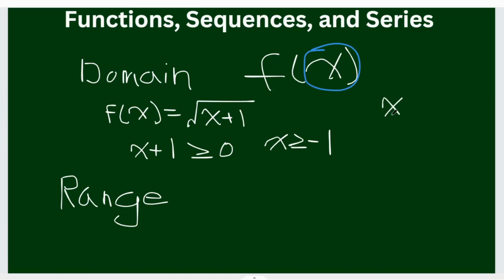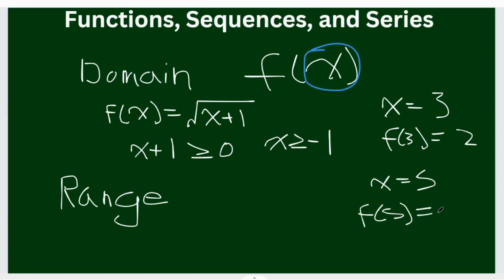So for instance, if x is equal to 3, well then f(3) is equal to square root of 3 plus 1, which is 4, and the square root is 2. And if x is equal to 5, well then f(5) would be equal to square root of 6. However, let's say that for f(x) you put negative 2 in.